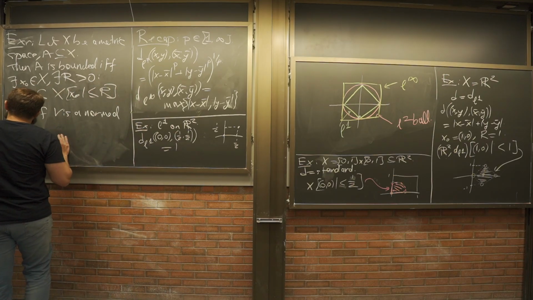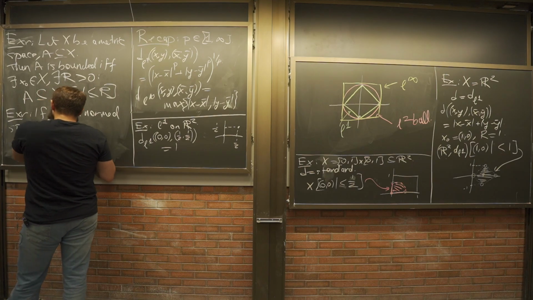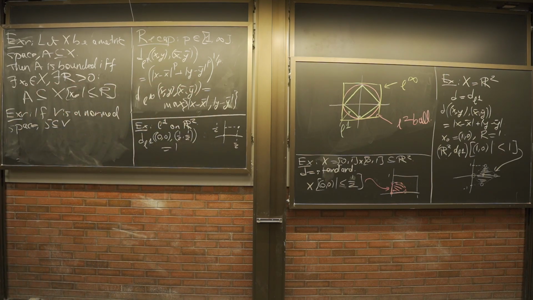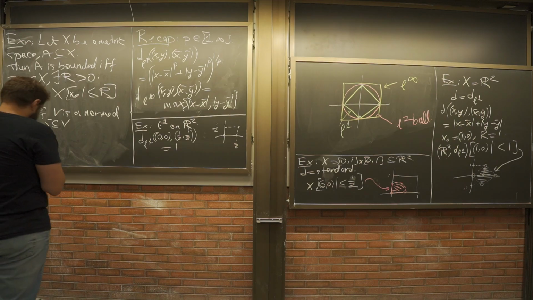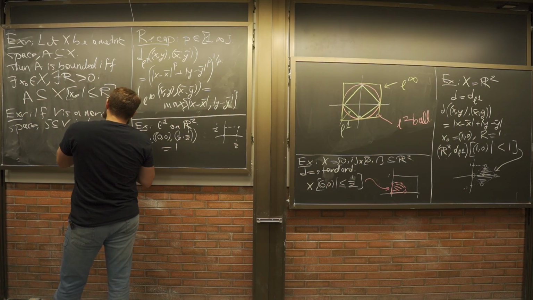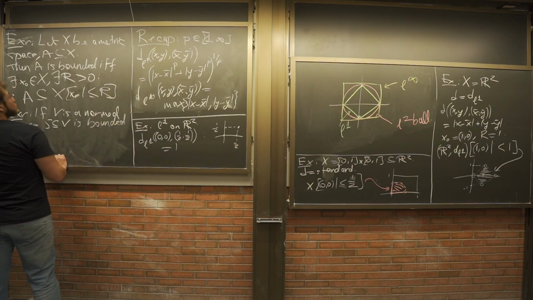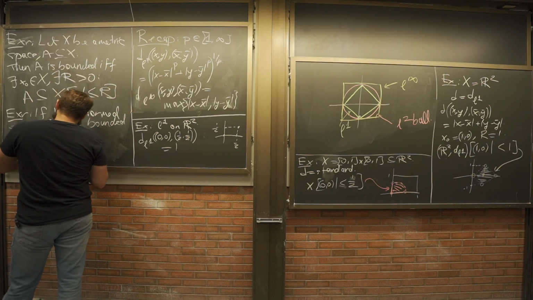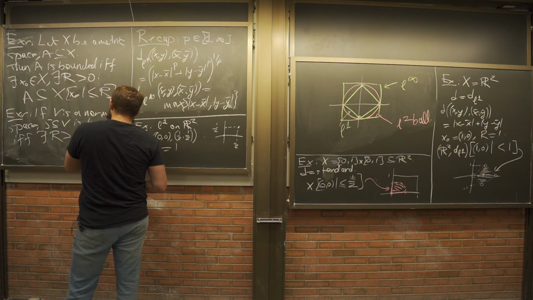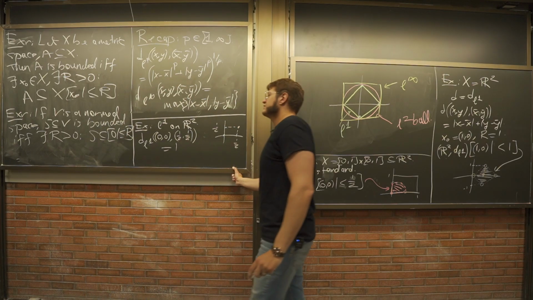Normed space: S, a subset of V, is bounded if and only if there's an R such that S is included in the R ball centered at the origin.